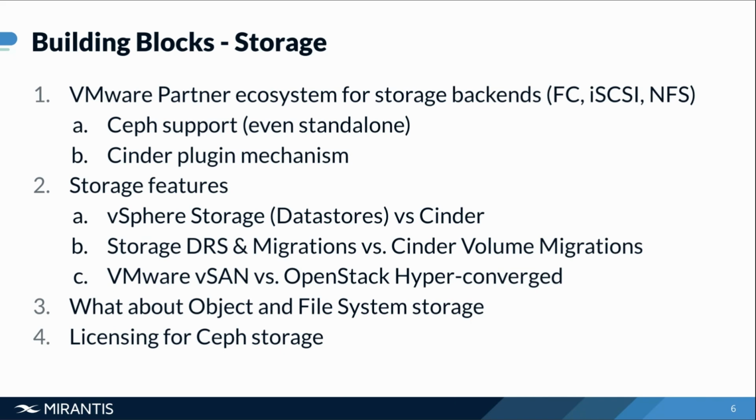We were talking about Fibre Channel storage, iSCSI, and different kinds of backends, right? This was all good with different kinds of storage interoperability and so on. But VMware came with this next cool technology called VMware vSAN, which is the hyper-converged way of deploying a VMware vSphere-based private cloud.